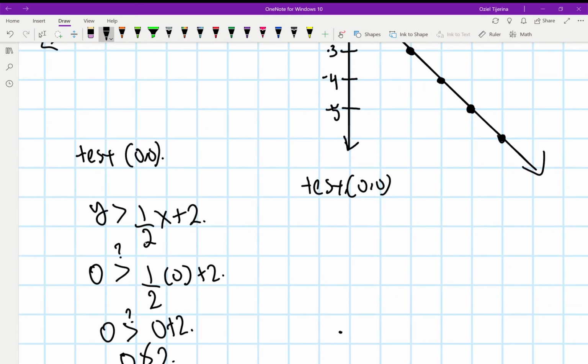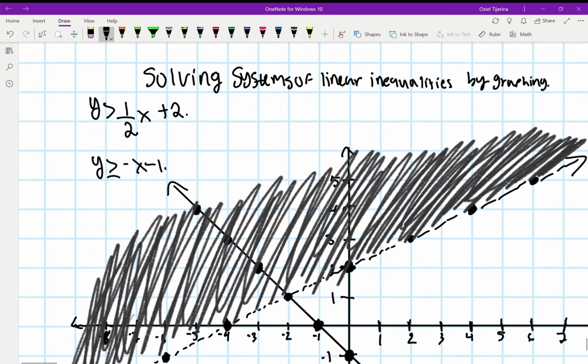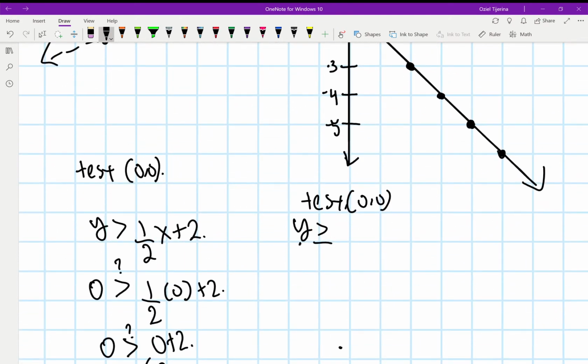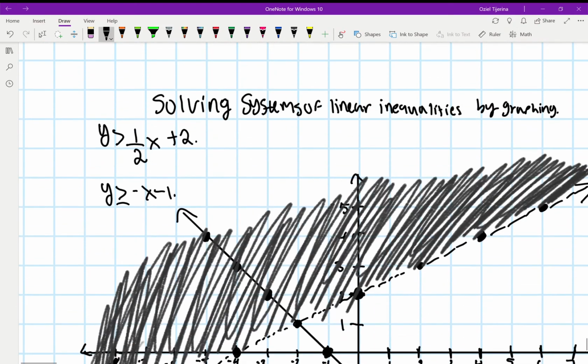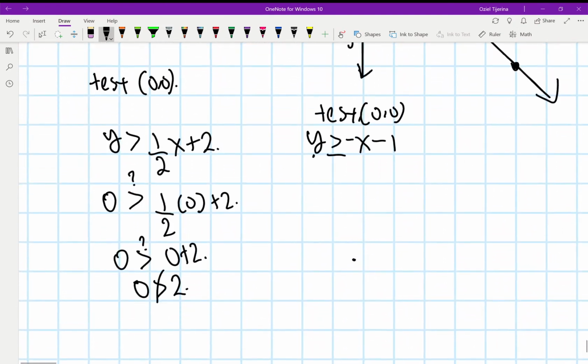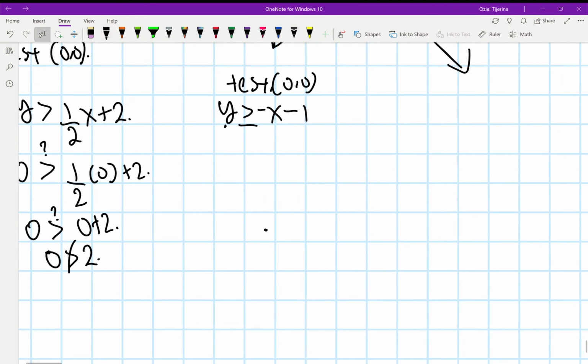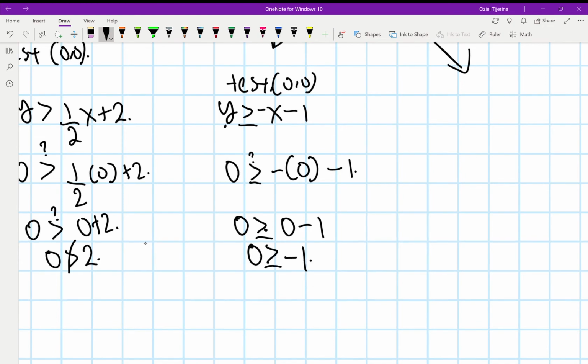So we have y is greater than or equal to negative x minus 1. Then we have 0. We're going to plug it in. Is that greater than or equal to negative 0 minus 1? So it's going to be 0. Is that greater than or equal to 0 minus 1? So 0 is greater than or equal to negative 1.